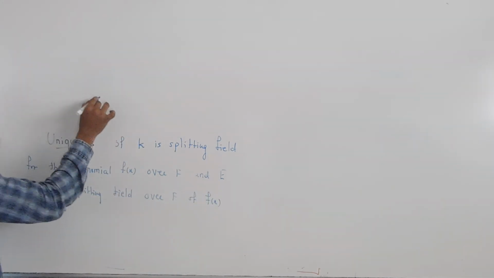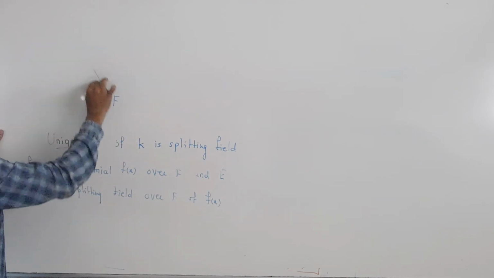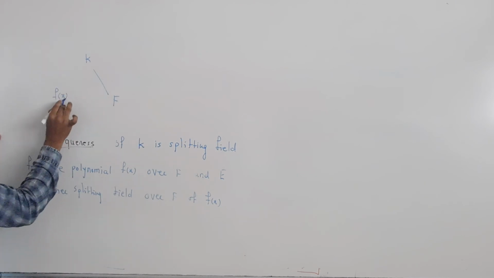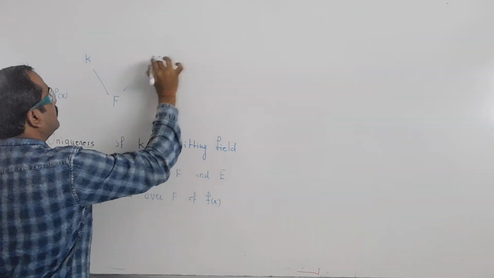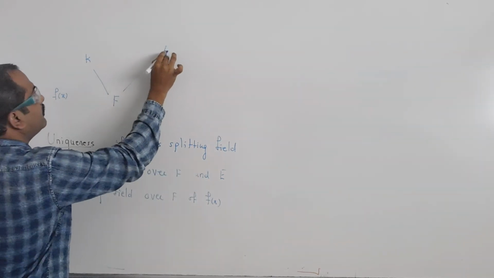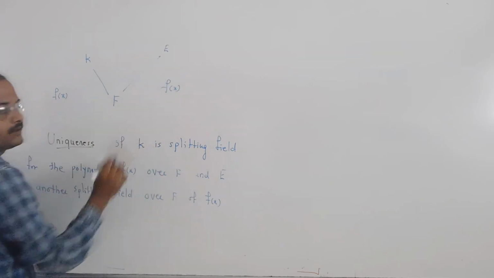So what do you have? F is here, K is a splitting field for this polynomial f of x, the same polynomial. E is also another splitting field over F for the same polynomial.